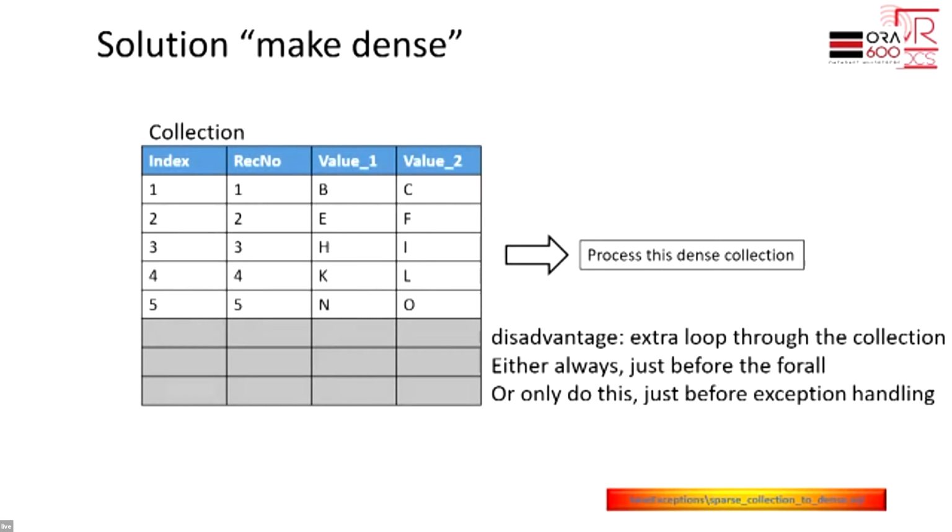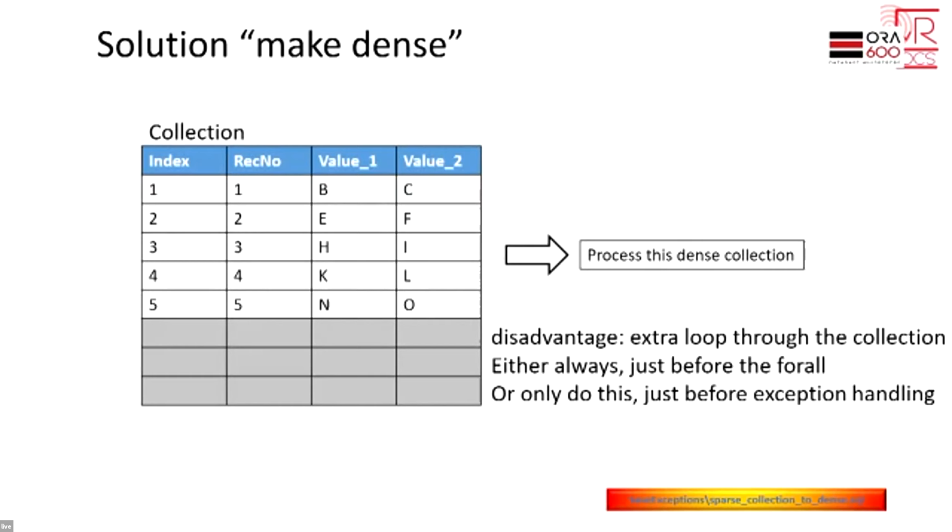Obviously, another disadvantage, you have to loop through this collection, either always before you start processing it, or when you want to find the data if exceptions have happened, sorry.